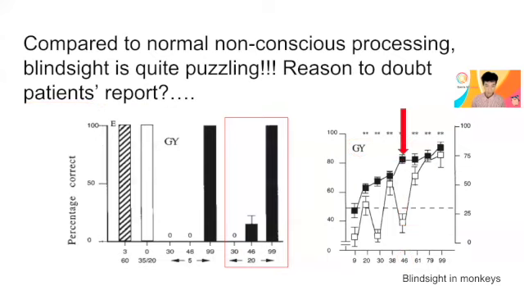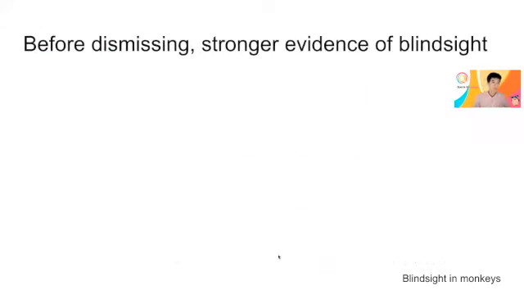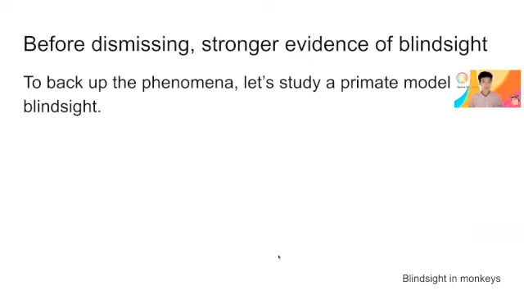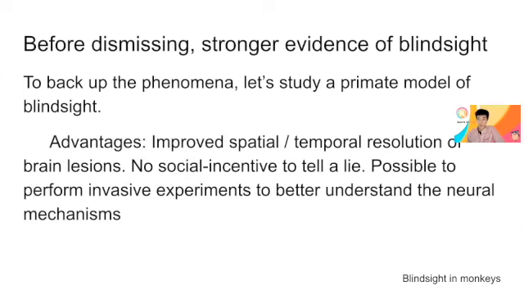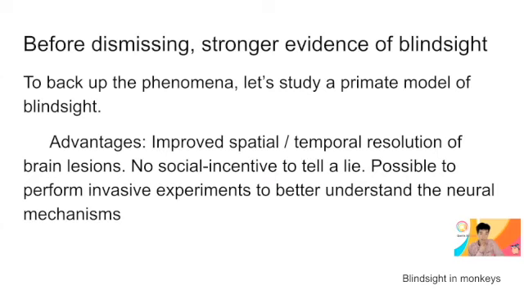So before dismissing it, we just need stronger evidence of blindsight. To back up that phenomenon, let's study the primate model of blindsight. That's the motivation, and the primate model is quite advantageous in various ways. One is the spatial and temporal resolution of the brain lesions.